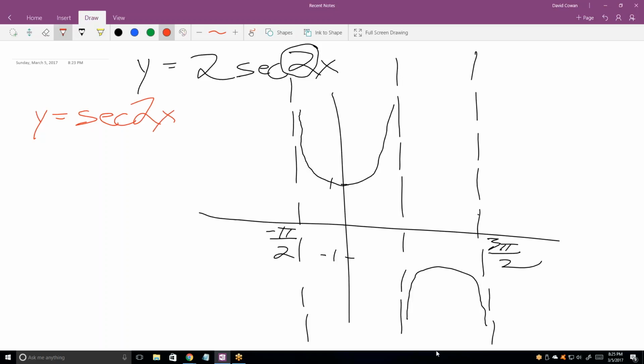The leading 2 is a vertical stretch. But when your B, which is this 2, is greater than 1, it's a shrink horizontally. Just remember it goes the opposite of verticals. When this number is greater than 1, it's a stretch. But when this number is greater than 1, it's a shrink.